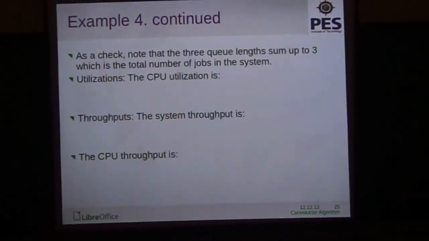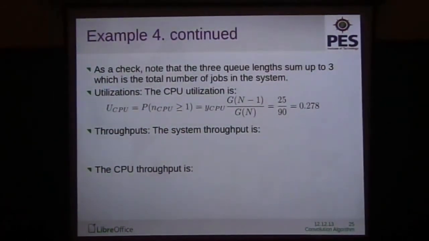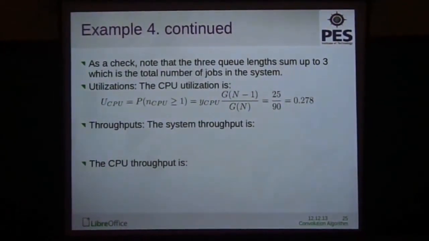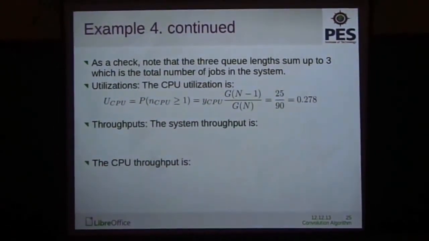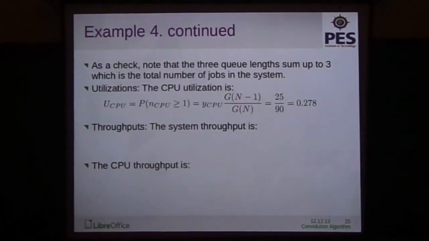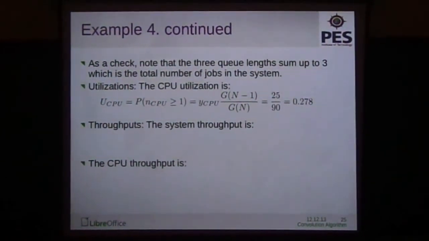Utilization. The CPU utilization is U of CPU equals P of n CPU greater than or equal to 1, equals Y of CPU into G of n minus 1 by G of n. It will come to 0.278.